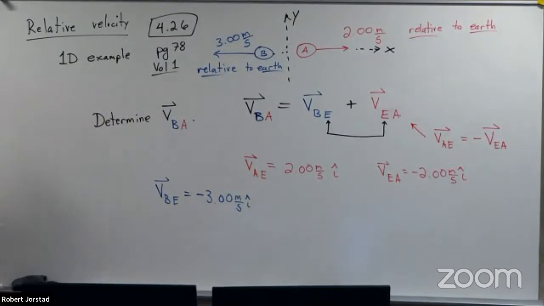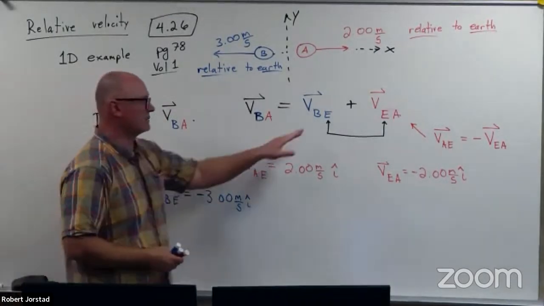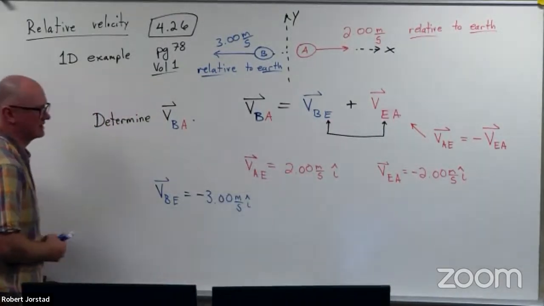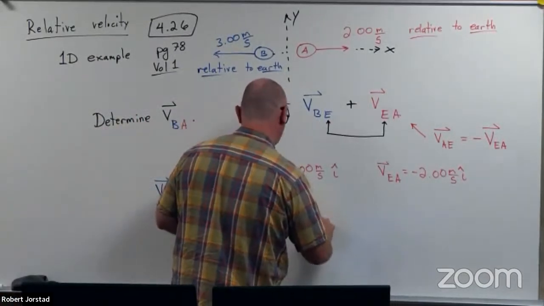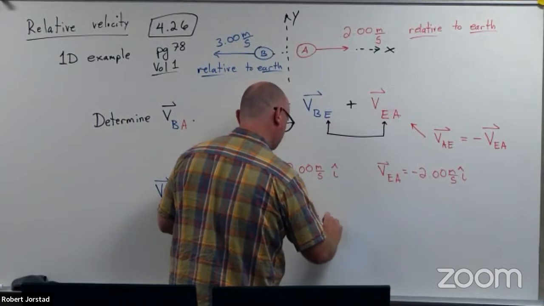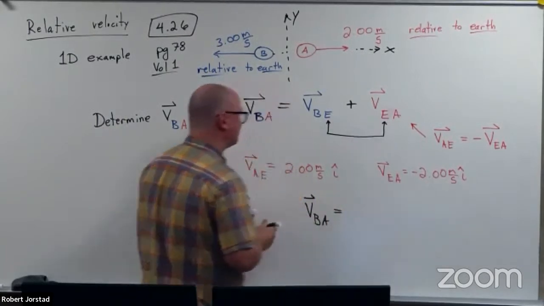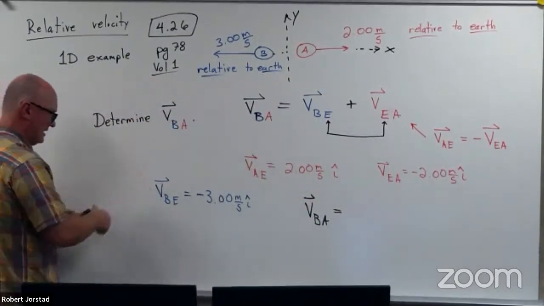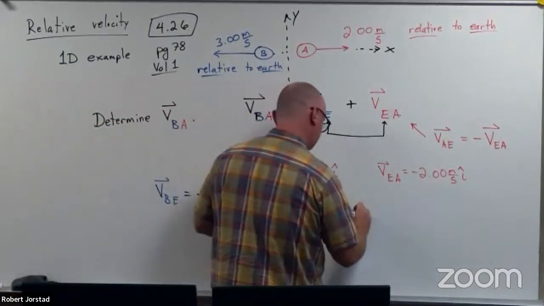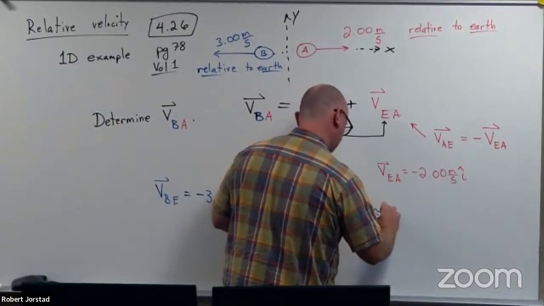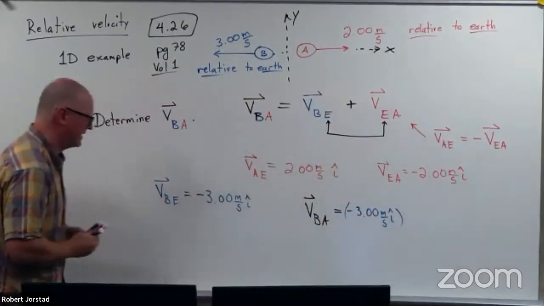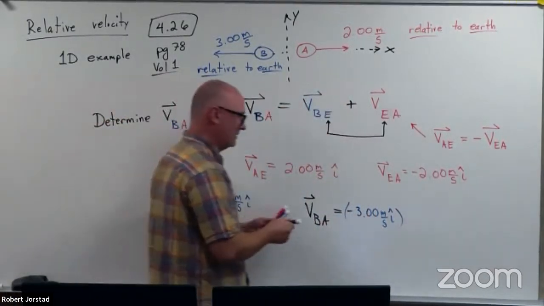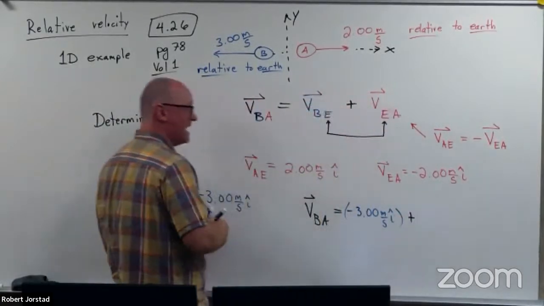Got it. At this point, I can stick these two numbers in here and I should be able to get the correct result. So I see, in this case, VBA is equal to, VBE is that number. Then I'm going to add to it, not VAE.